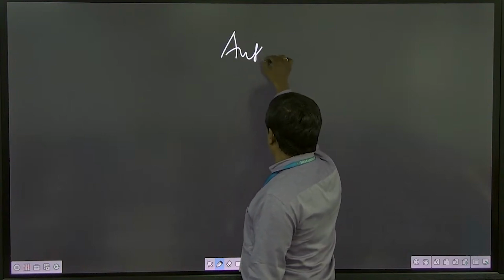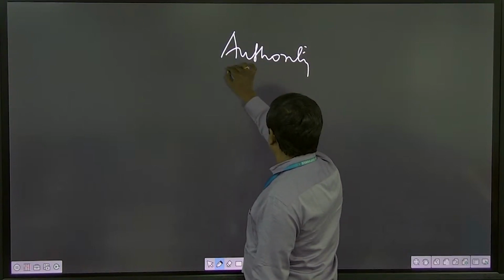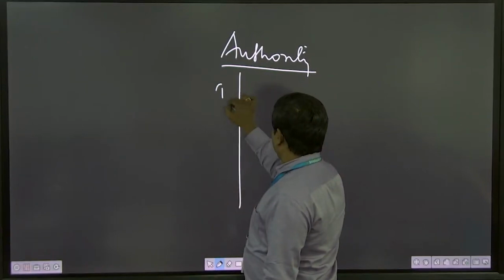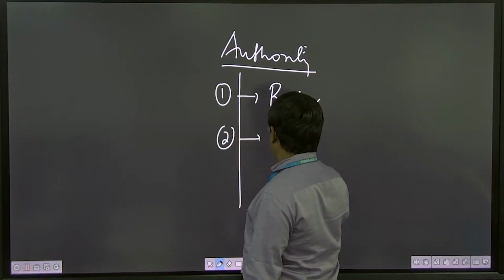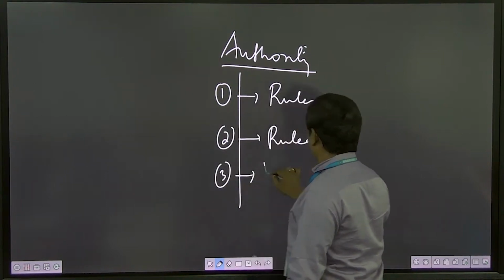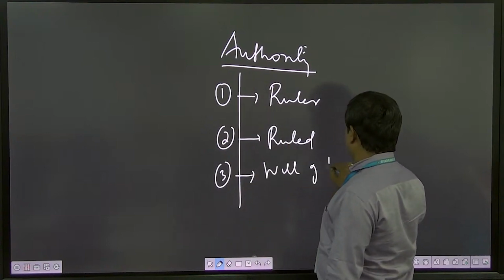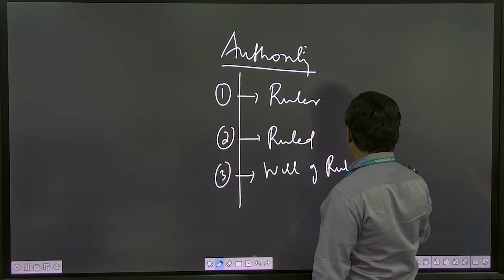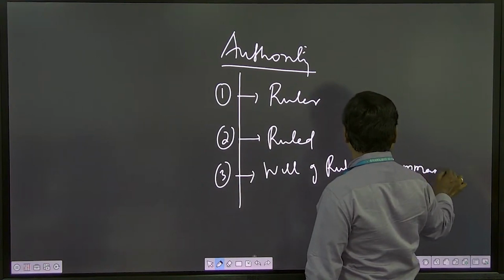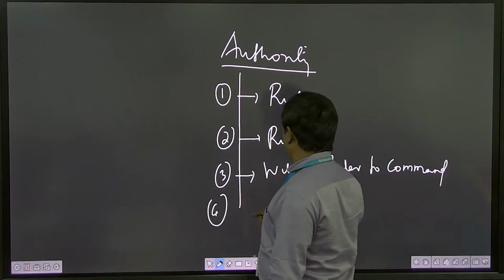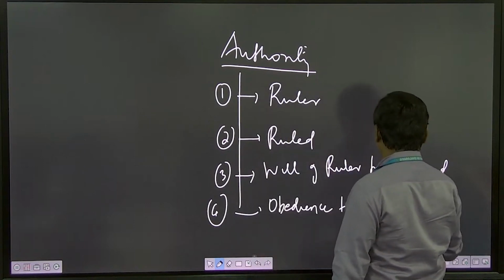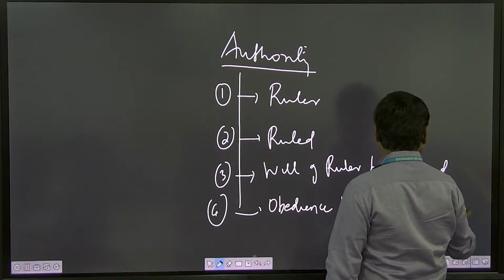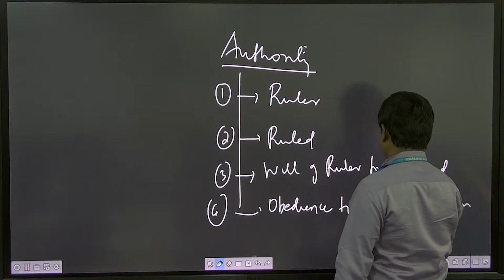Authority has a ruler, there is ruled, will of the ruler to command, and obedience will come. Obedience to command from the ruled.